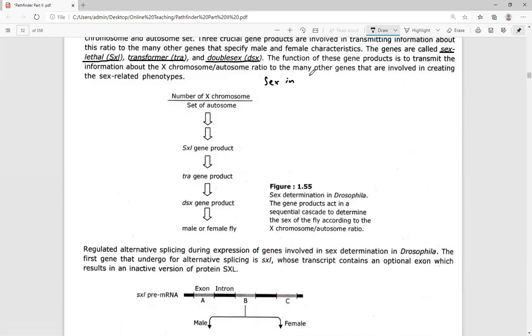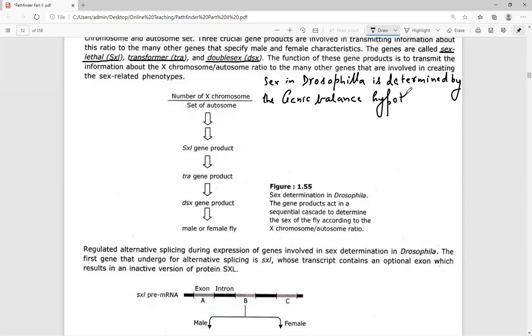Sex in Drosophila is determined by the genic balance hypothesis. This is how sex in the case of Drosophila is determined. That means the sex index ratio is being calculated.